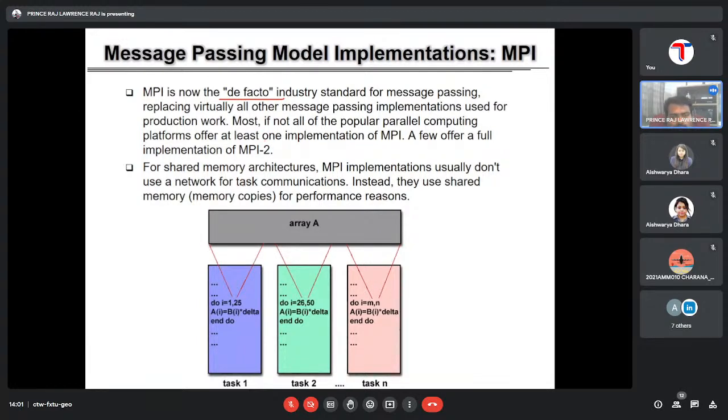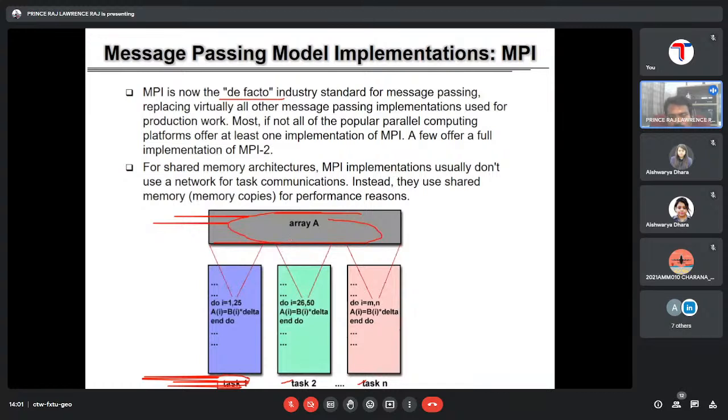Let's say this is an array of calculation you have to do. Task 1 is nothing but your processor 1. This is processor 2, this is processor n. So this array will be split into pieces.